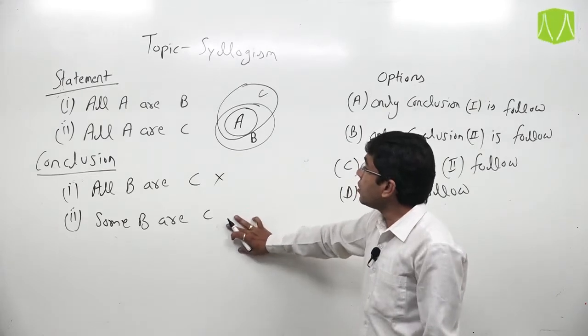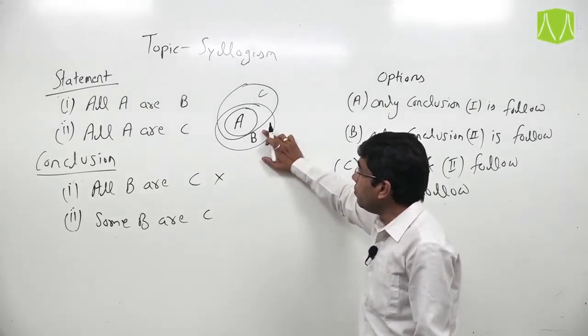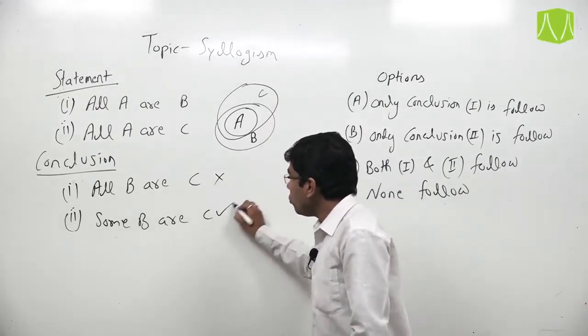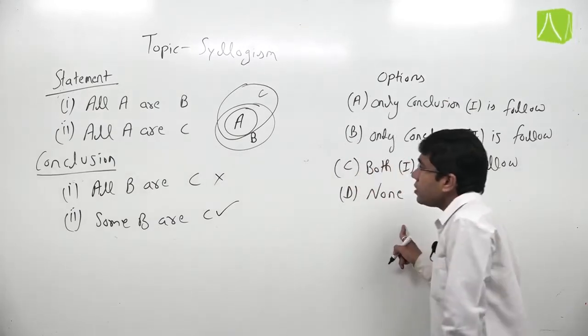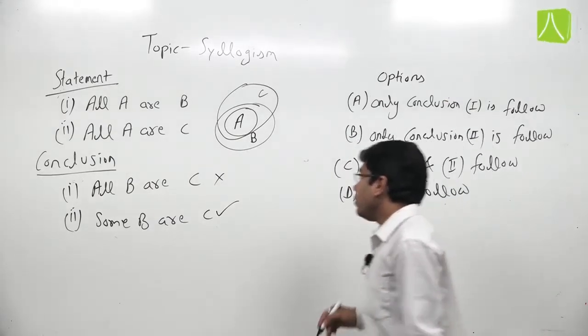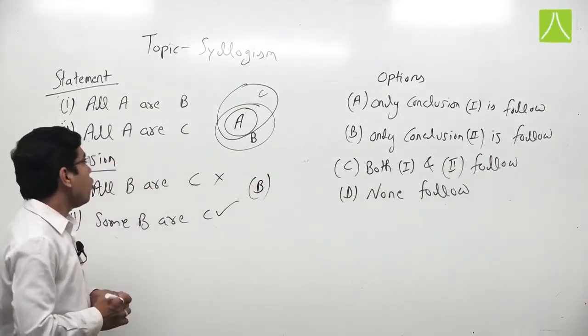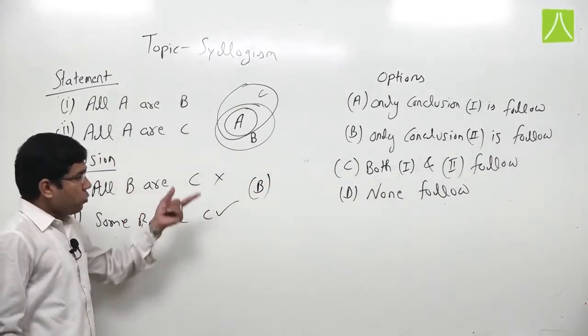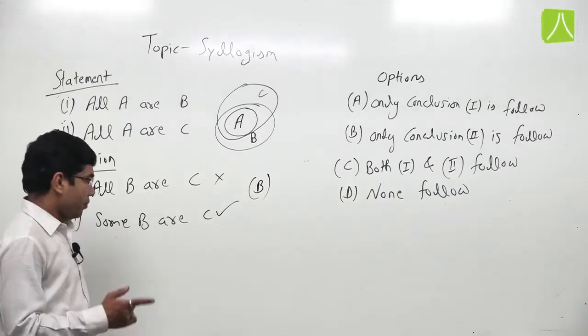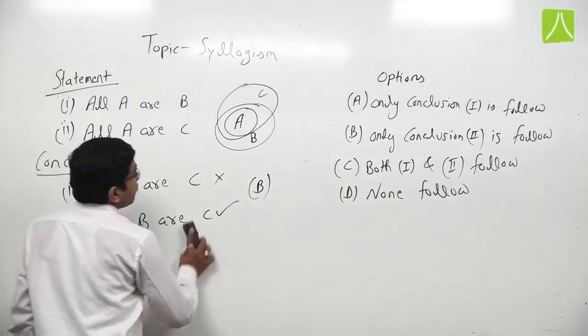Second conclusion, some B are C, obviously B and C are connected. So for this question our answer should be option B, in which only conclusion second follows. So our answer is option B. Now take the next example.